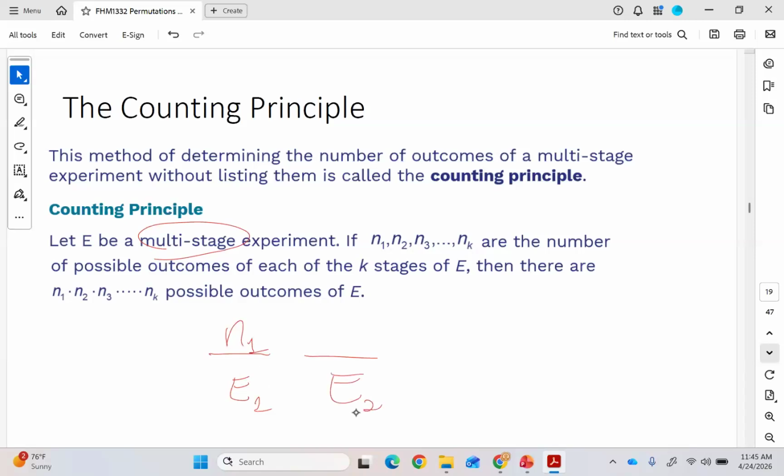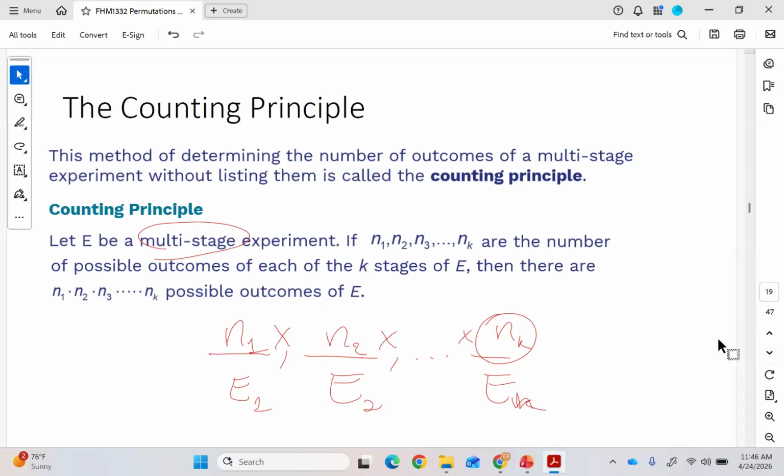Stage two is performed in n2 different ways, and so on. Then, if you want to create an experiment that has each one of these stages, the total number of ways is by multiplying the possibilities of each one. This would be n1 times n2 times up to nk, so there's a total of k stages.